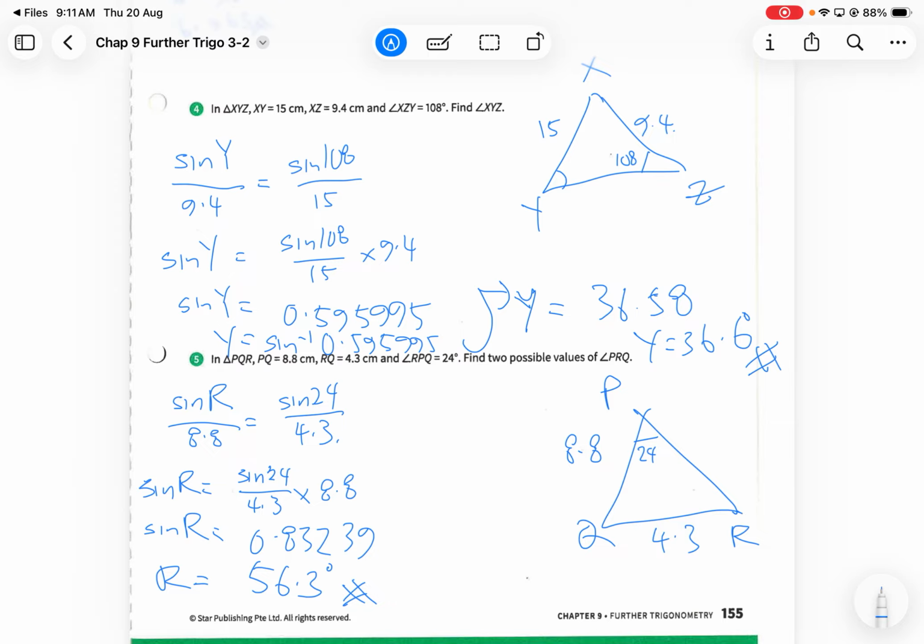Hey, I want to show you where is the other possible value.